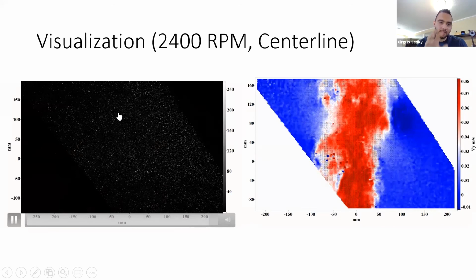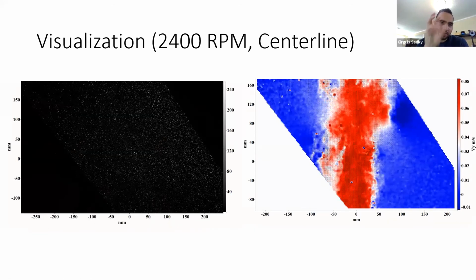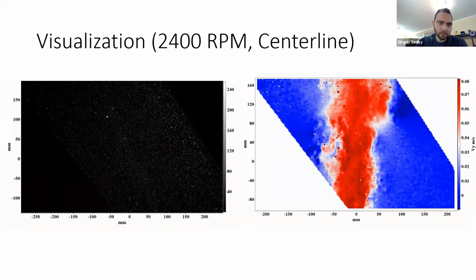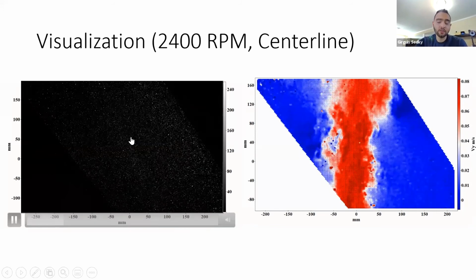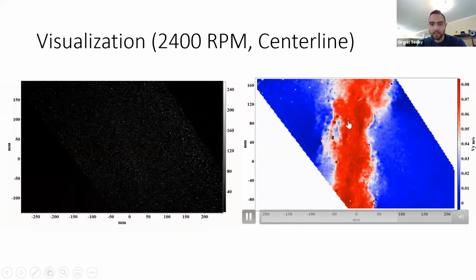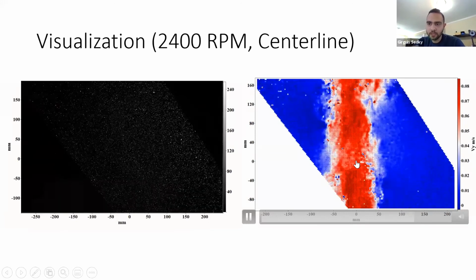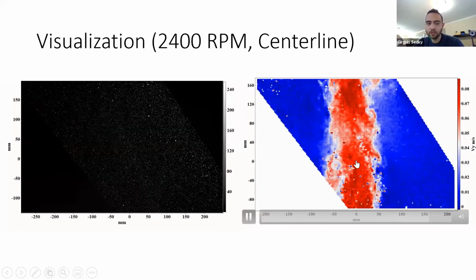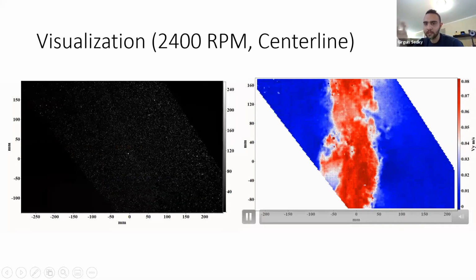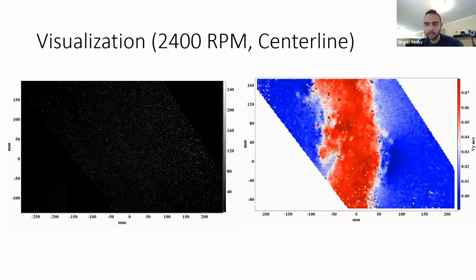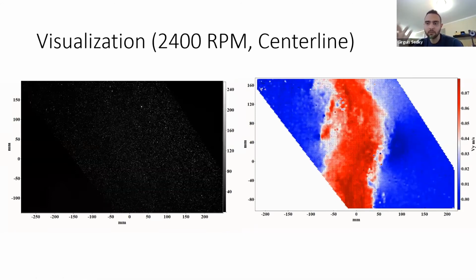So you can take sequential images of the particles' motion and the gust, and correlate them to get velocity contours. Now, the red and blue here shows the vertical velocity magnitude. Red means higher velocity magnitude in the vertical direction, blue means lower.